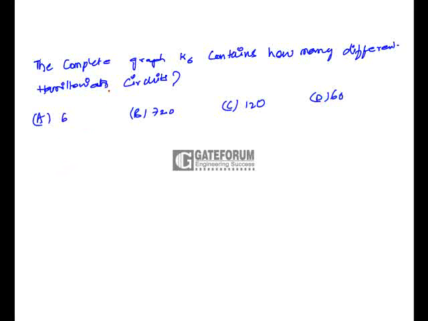For this we have a formula. The number of Hamiltonian circuits in complete graph Kn is equal to (n minus 1) factorial divided by 2.